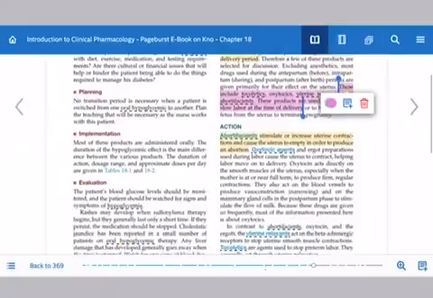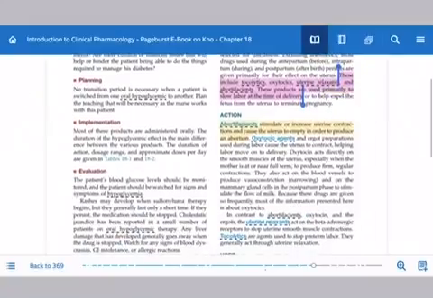All right guys, so let's look at the action of some of these medications. Abortifacients stimulate or increase uterine contractions. They're also going to cause the uterus to empty in order to produce an abortion. Your oxytocic agents are going to be used during labor to cause the uterus to contract, trying to help move the baby along to where it can be delivered.